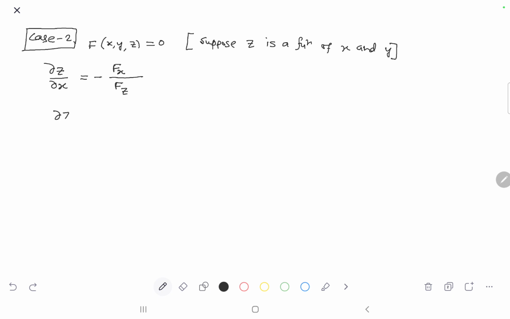Yeah, clear. Right. Del z del y, how do you calculate? Minus, since you have del z del y, you have to take f suffix y divided by f suffix g, provided that f suffix g is not equal to 0.